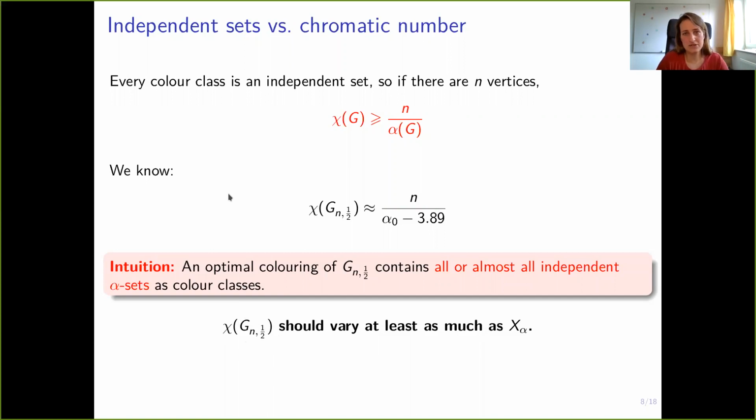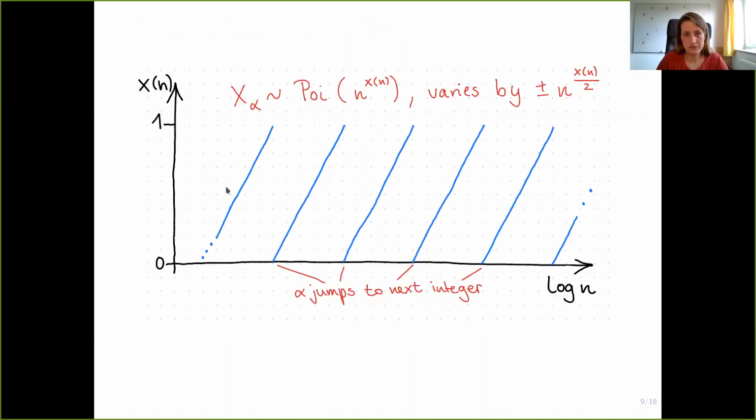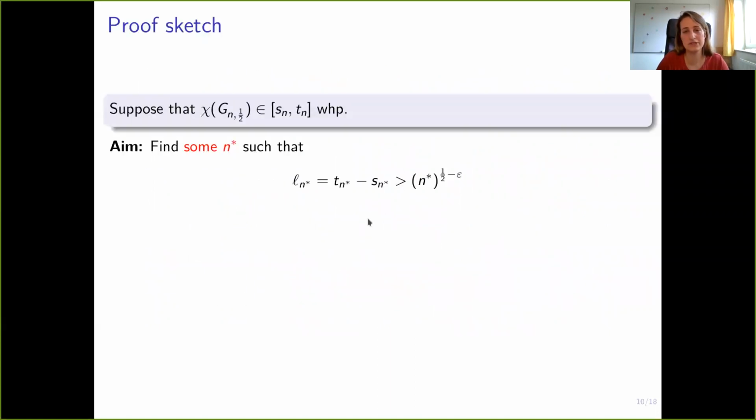Now, if you have this kind of intuition, let's see how we would make the proof work. So we start out by saying, suppose we have some sequence of intervals that contains the chromatic number of G(n, 1/2).